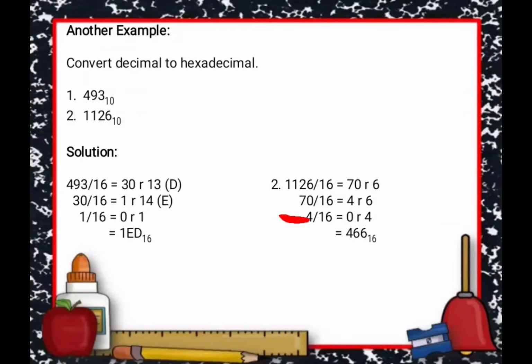In writing hexadecimal, we list all the remainders from bottom to top. So we have 4, 6, 6: 466 hexadecimal. The conversion of 1126 decimal number to hexadecimal is 466 hexadecimal. Do you get it, class? Okay, very good.